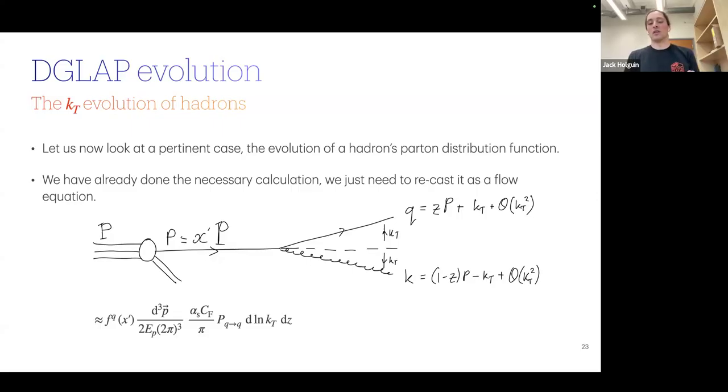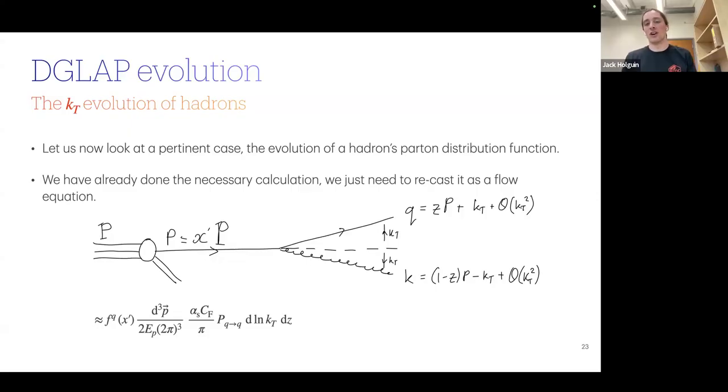And I've just argued, to make anything physical, we need to sum the splitting function contribution for an emission with the one from the loop. And we need to do this so that we formulate a resummation of the observable. In this case, that resummation is for the parton distribution function, which we can now talk through.